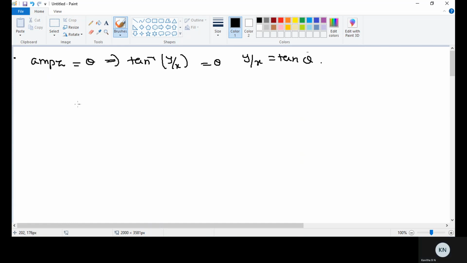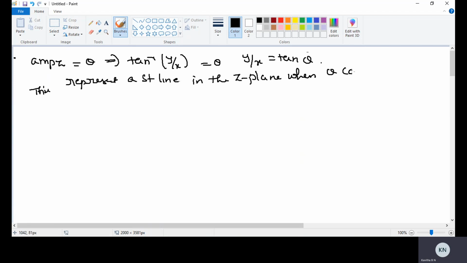This represents a straight line in the z plane when theta is a constant.